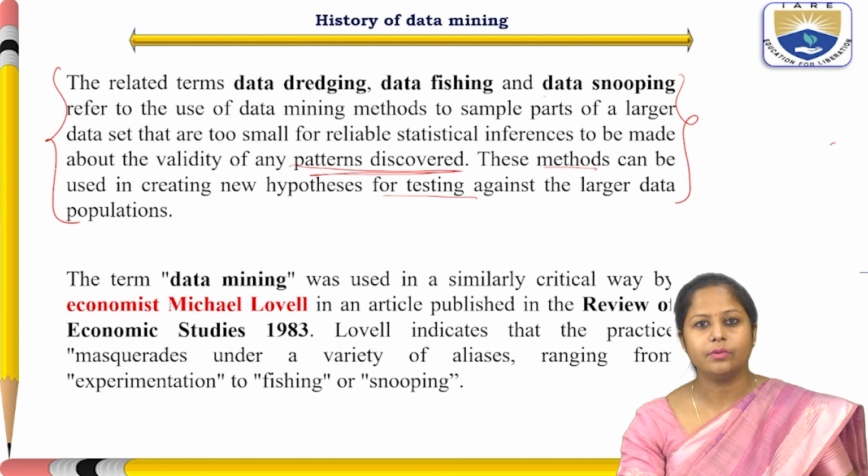These methods are used in creating new hypotheses for testing against the larger data populations. We also covered the term data mining, which was used by economist Michael Lovell in 1983.